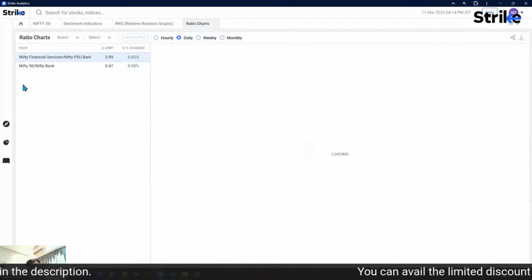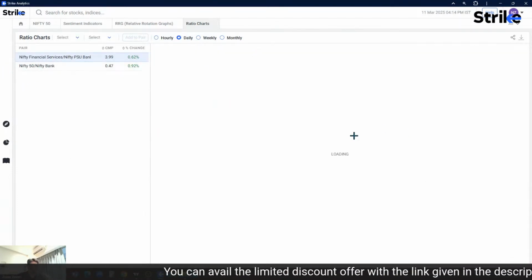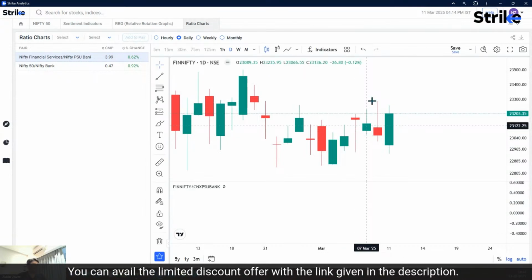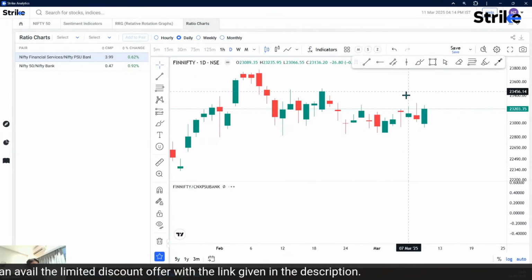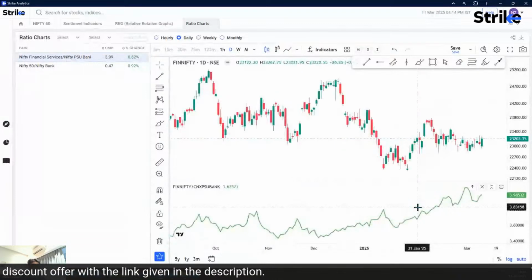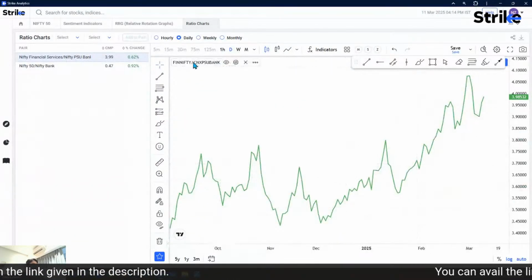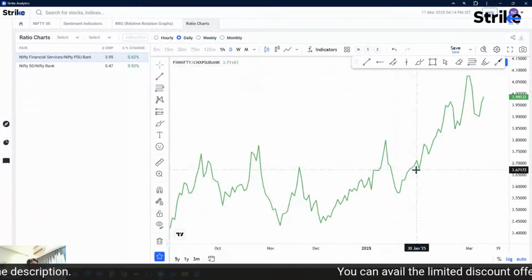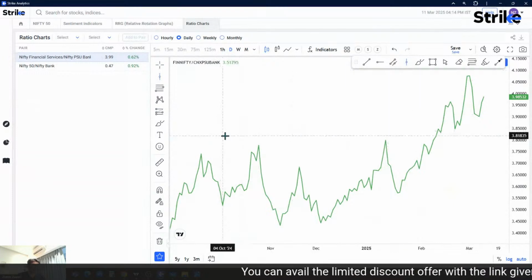Say add a pair, and once the pair is added, click on it, the chart will open up. This candlestick chart is of Financial Nifty, but we are not interested in this chart. We are interested in Nifty divided by Nifty PSU Bank.